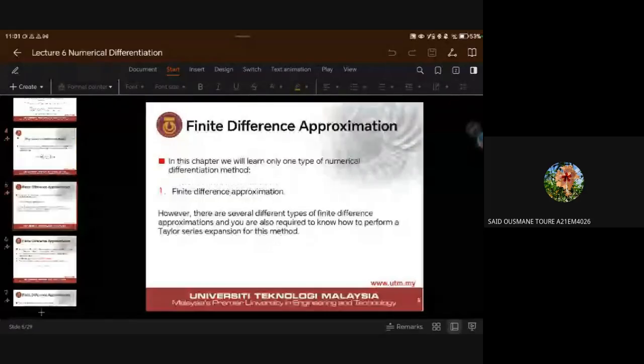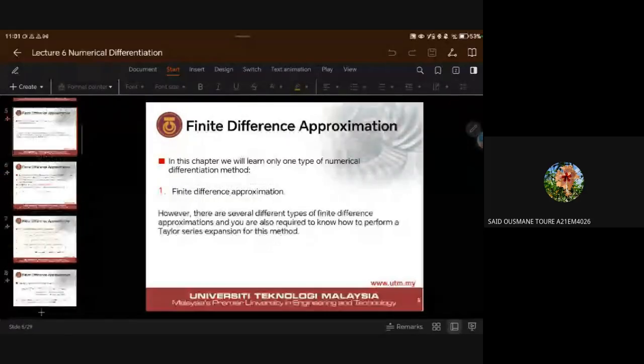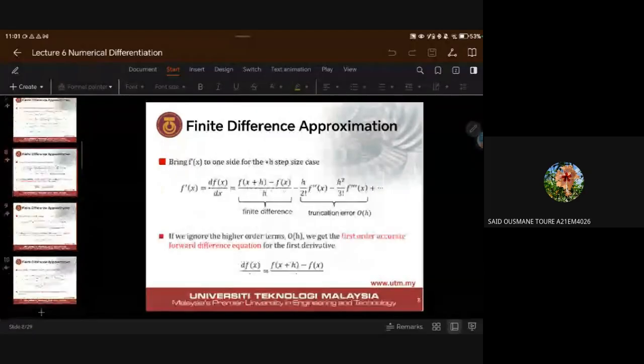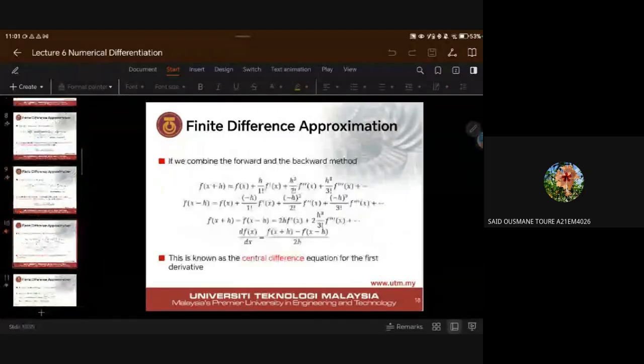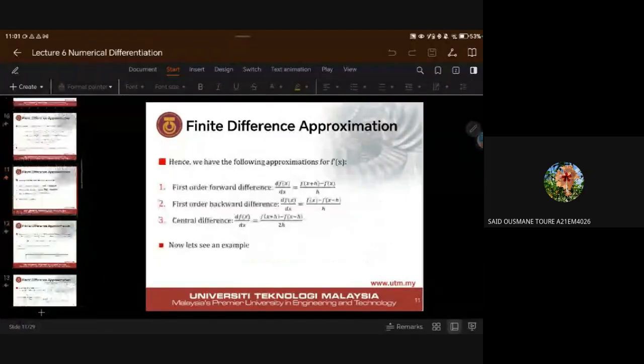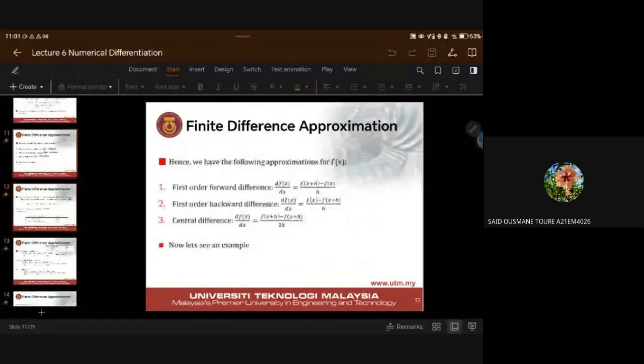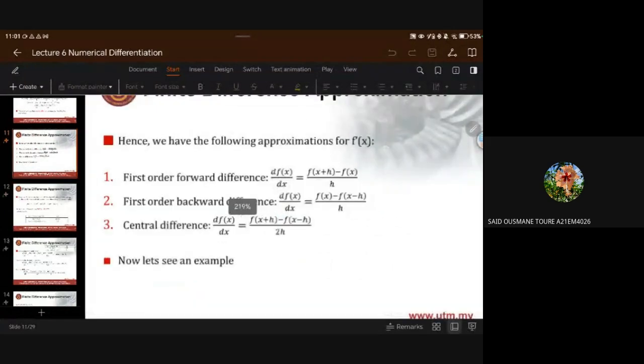Finite difference approximation, which is pretty straightforward if I remember. The Taylor series expansion, you bring the terms to one side, this side, then combine them, first order differential equation. Example. Yes, so first order differential equation.